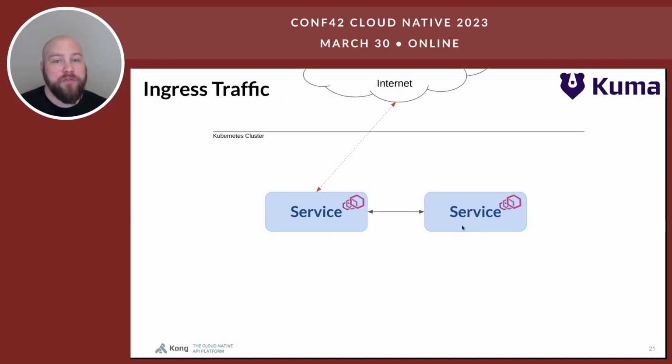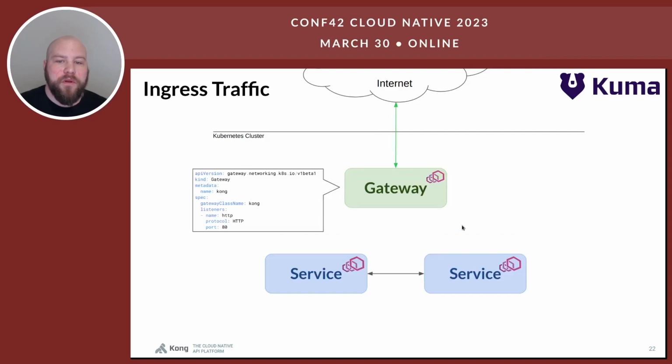Well, what if you wanted to be able to get traffic into one of those services from outside of the Kubernetes cluster, from the internet? We have the functionality in Kuma today, in the latest release, to be able to create gateways. That is, use the gateway resource available from Kubernetes and make a Kuma gateway that will provision an Envoy gateway that will then have Ingress access from the internet.